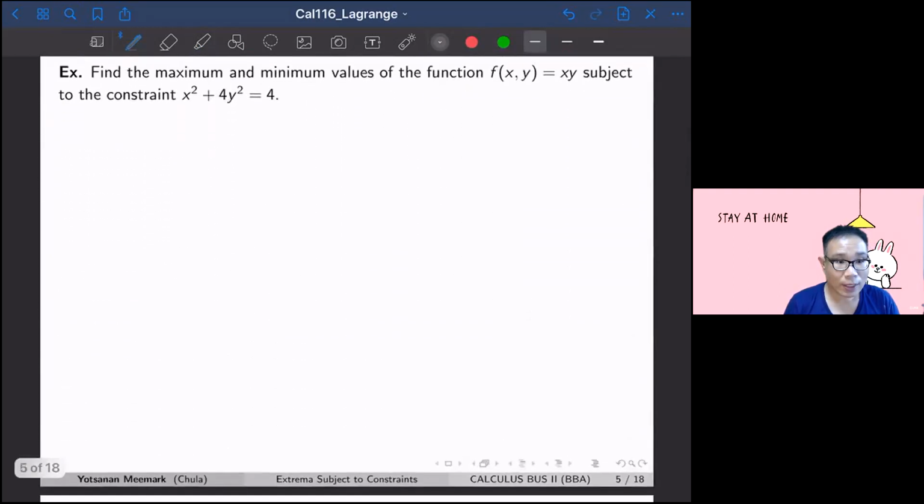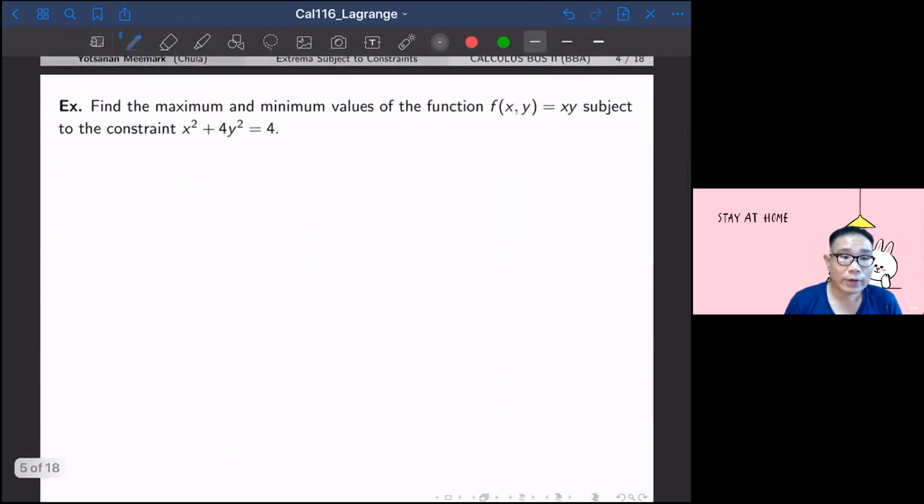The second one, you would like to find the minimum and maximum value of the function f(x, y) equal to x times y, subject to the constraint x squared plus 4y squared equal to 4. So the function is x times y, and the constraint is the yellow guy, x squared plus 4y squared equal to 4.